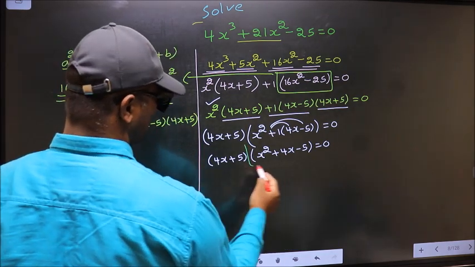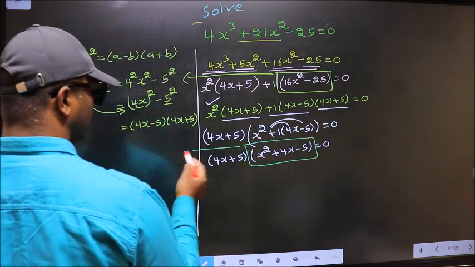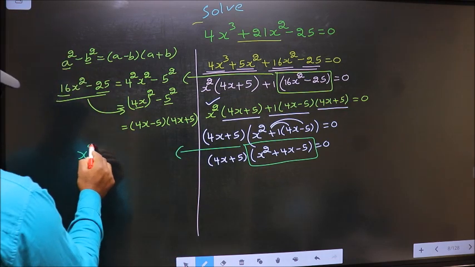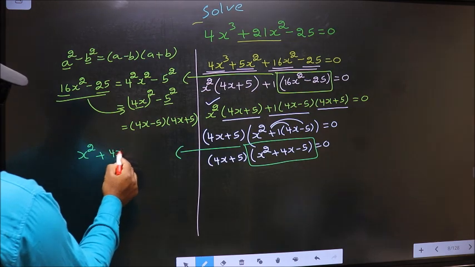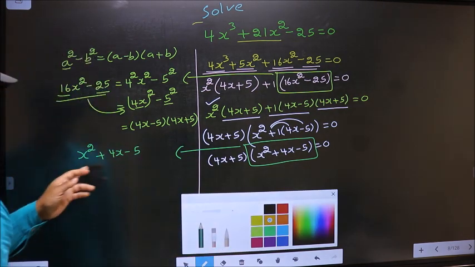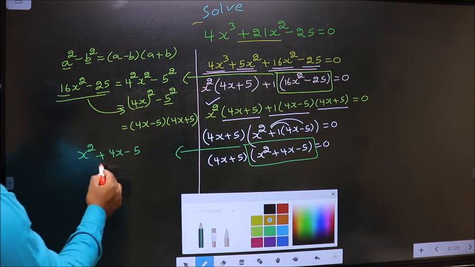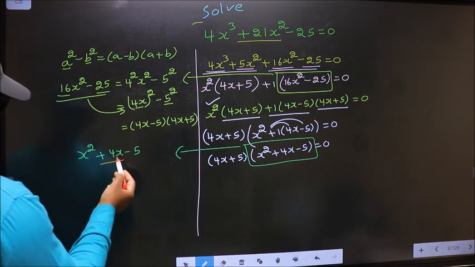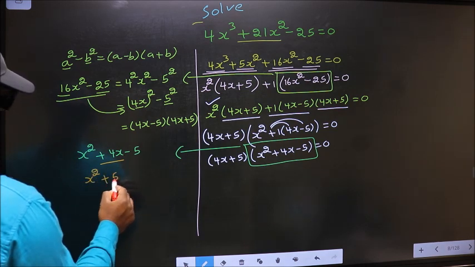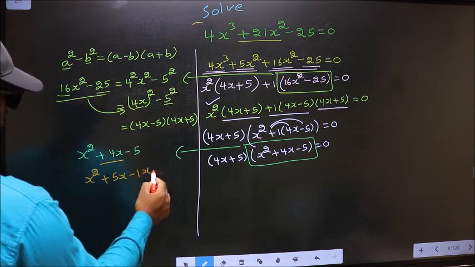Now this quadratic, I will factorize it here, that is x² + 4x - 5. To factorize this, we should split the middle term +4x. So in place of +4x, now I write +5x - 1x - 5.